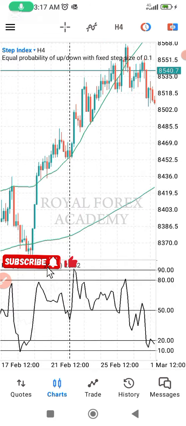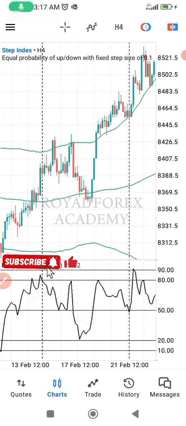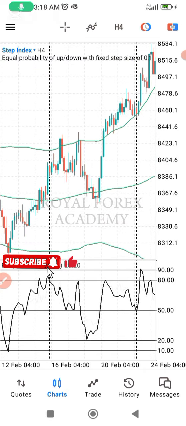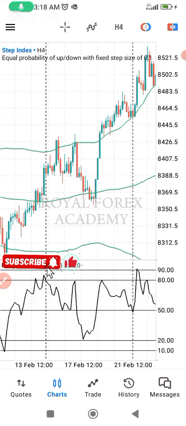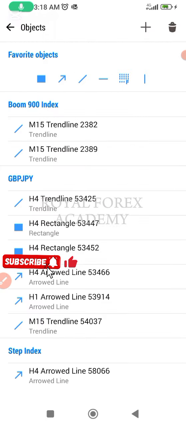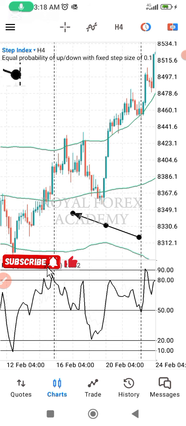So let's look at this. You can see now that price, this is Step Index, has been bullish. Let me say this quickly. For you to confirm your trend direction, you need to pay attention that the fact that price just crossed above the middle Bollinger Band is not enough for you to conclude that you are in an uptrend.